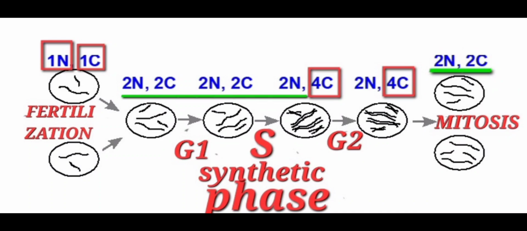This amount of DNA within a cell changes during large number of events that happen within the cell, like the process of fertilization, the DNA synthesis in the synthetic phase of interphase, and the M phase in the cell cycle. So, how does it change during these different phases? That is of importance in this video.